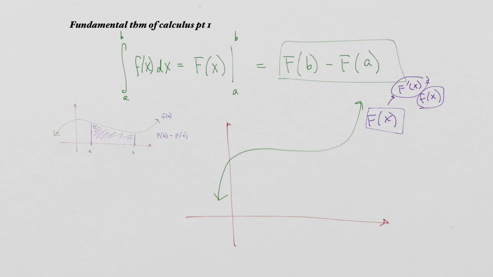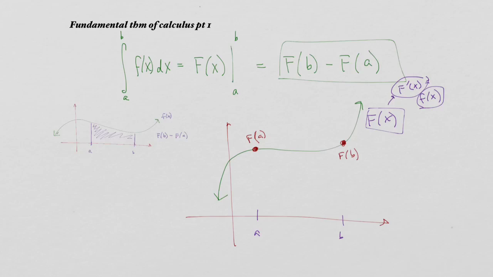So if we look at these points a and b again on this function, what we're saying here is the difference between this point, which is big F of b, and this point, which is big F of a.